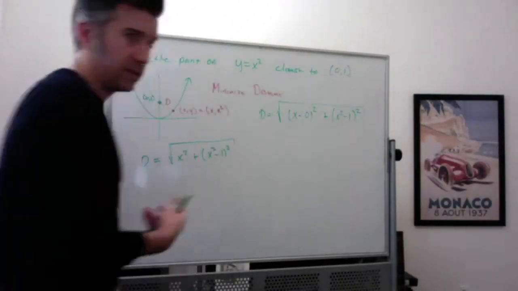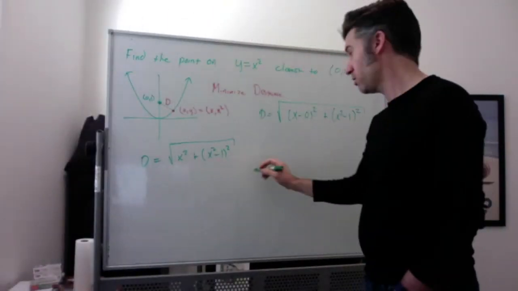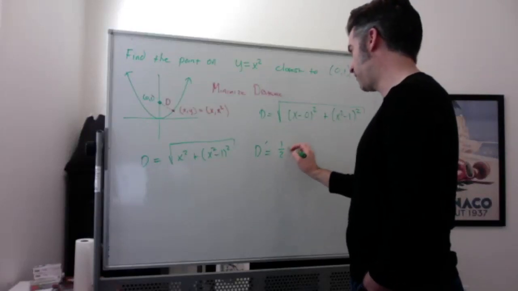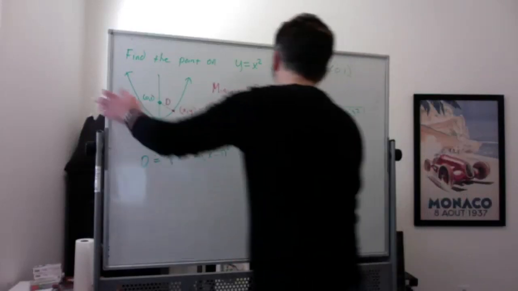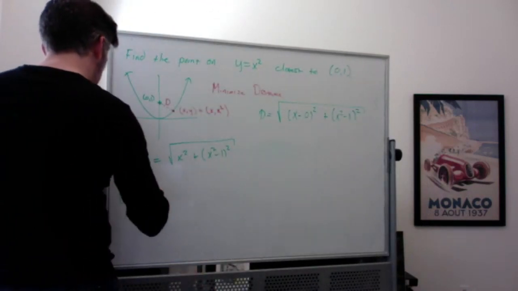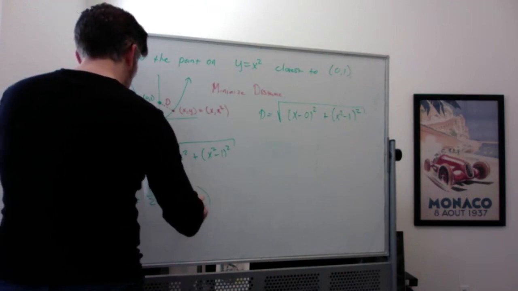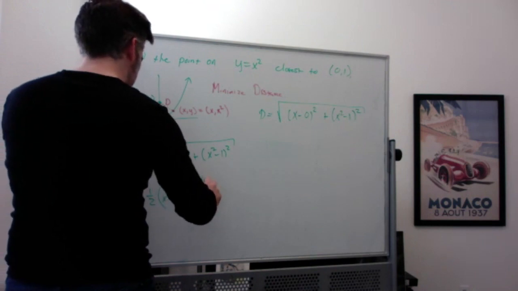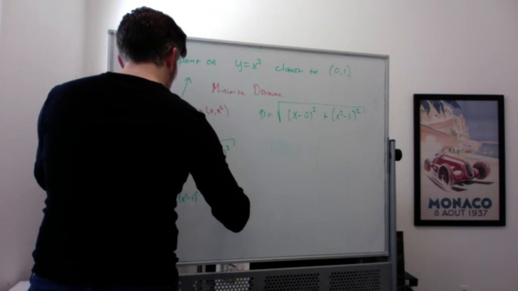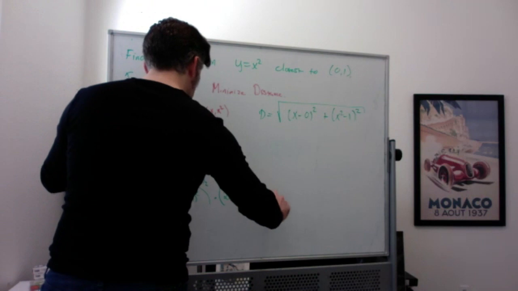So one way is just to take the derivative and set it equal to 0. So I've got some stuff to the 1/2 power. My derivative is going to be 1/2 times my stuff, which is x squared plus x squared minus 1 squared to the negative 1/2 times the derivative of the inside, which is 2x plus 2 times x squared minus 1 times 2x.